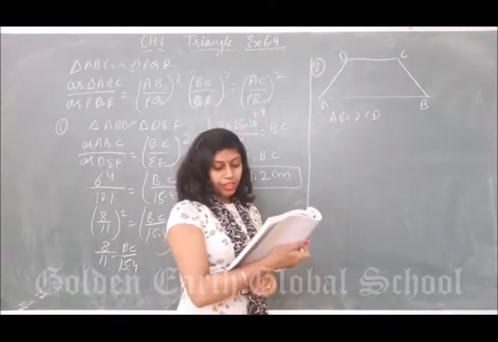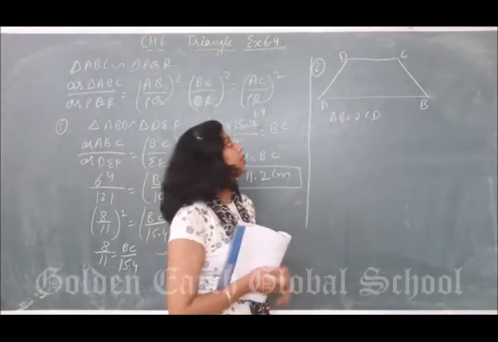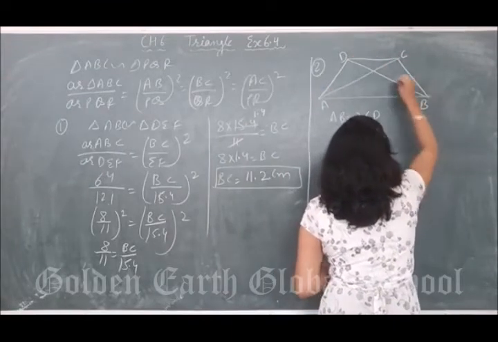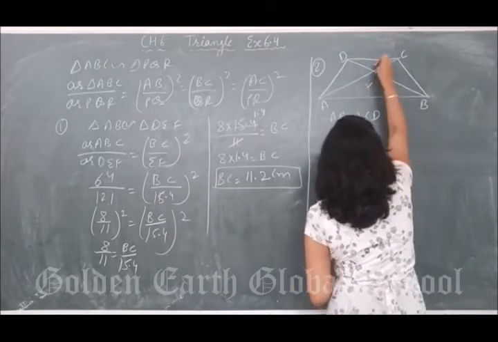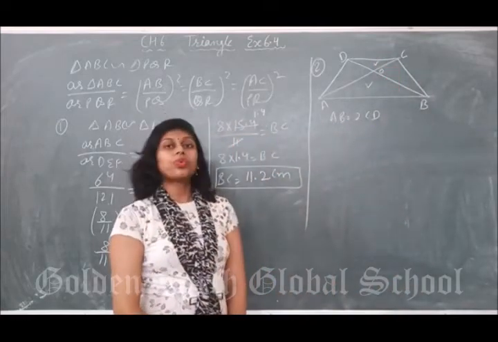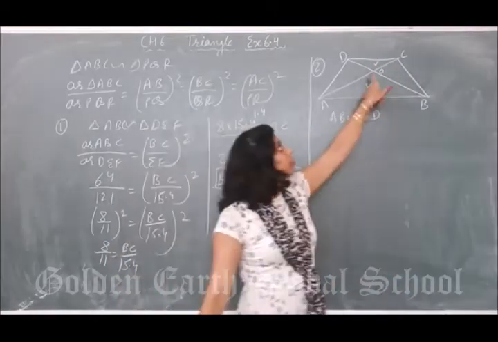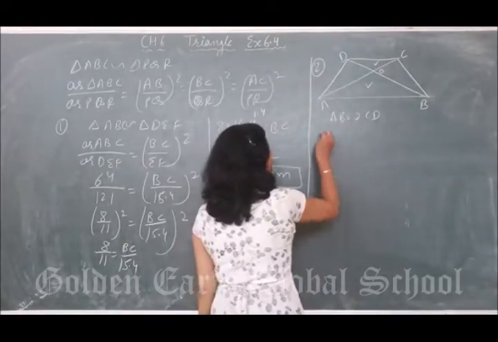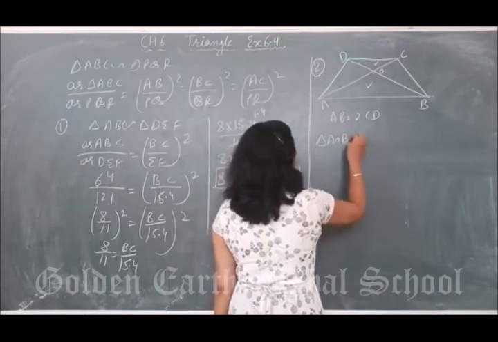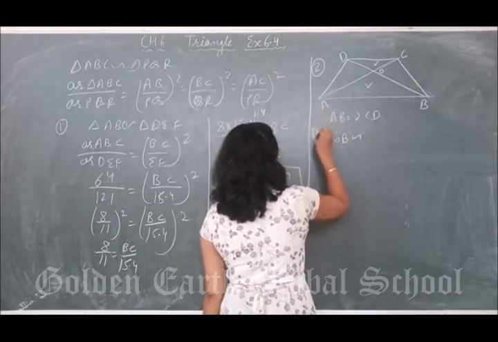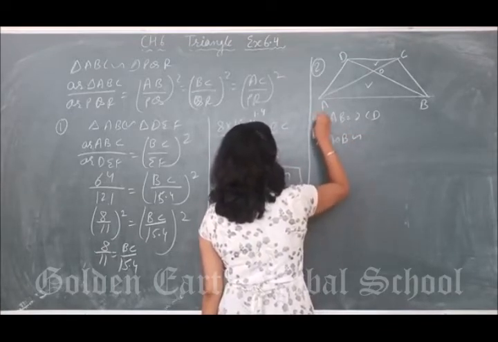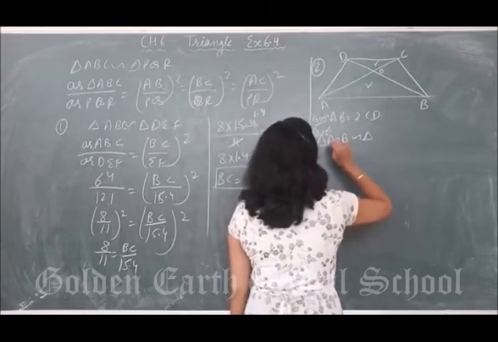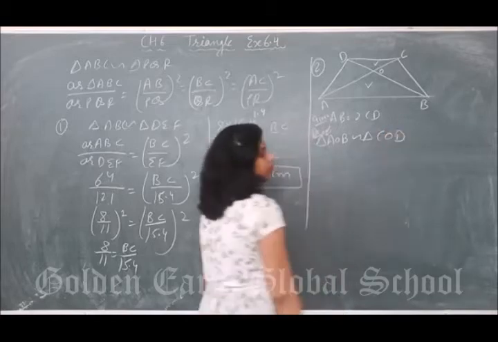Find the ratio of areas of the triangles AOB and COD. Now clearly these two triangles are similar, by vertically opposite angles and alternate angles. First of all, prove that triangle AOB is similar to triangle COD. Clear?